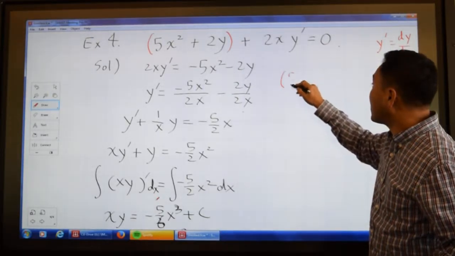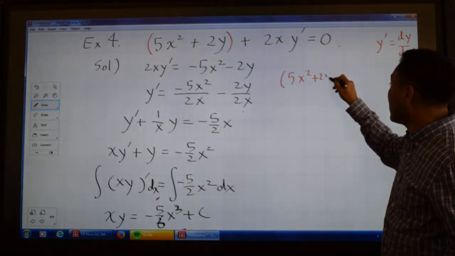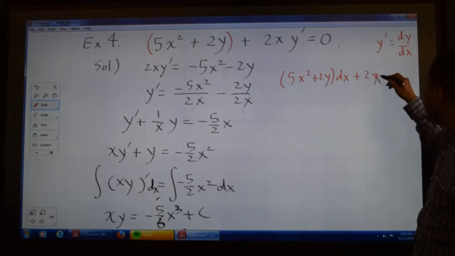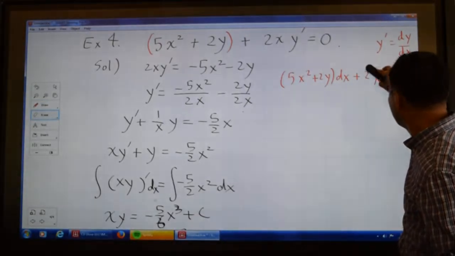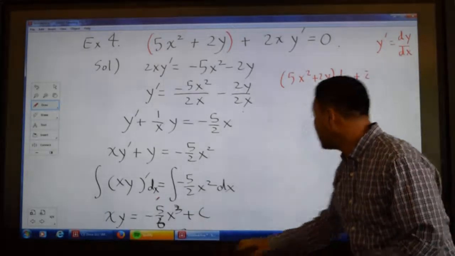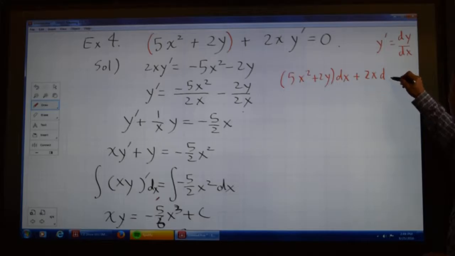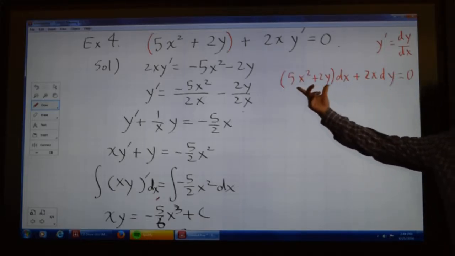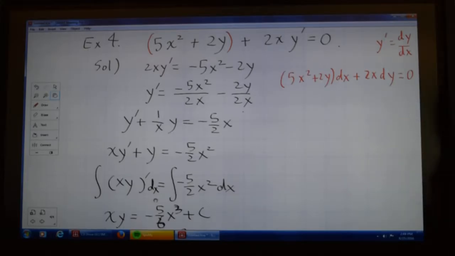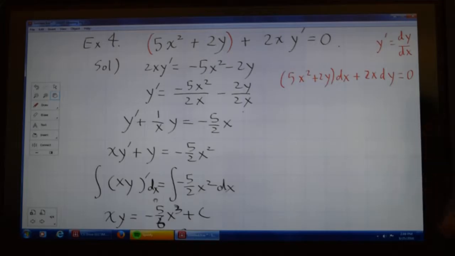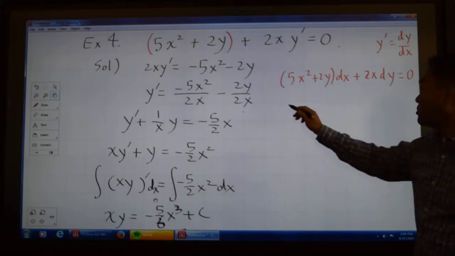You get 5x squared plus 2y dx plus 2x dy equal to 0, right? And now you can see that this should be fx and that should be fy, right? And let's skip the checking part because I just said it. Let's just go straight to finding the f.